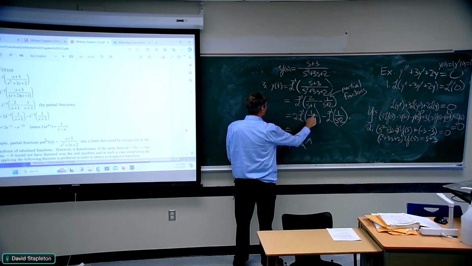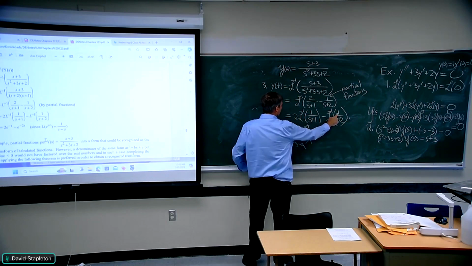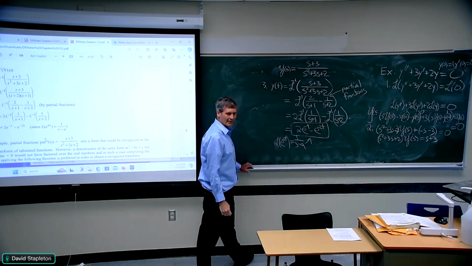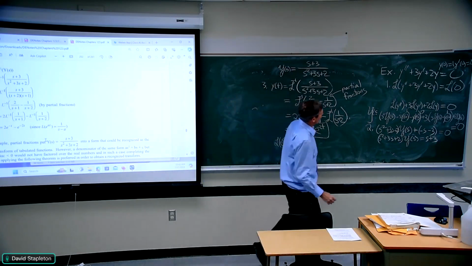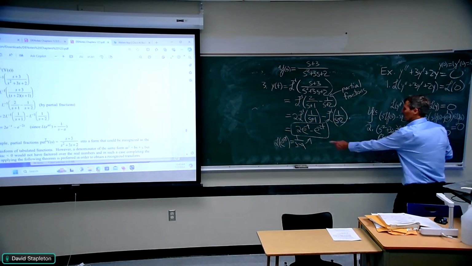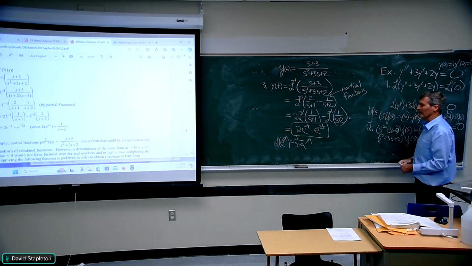This is 1 over s minus a with a negative 1, so it's the transform of e to the negative t. This is 1 over s minus a with a negative 2, so it's the transform of e to the negative 2t. There it is. That's the solution of the initial value problem. If you had used the characteristic equation, r squared plus 3r plus 2 equals 0, you would have gotten r equals negative 1 and negative 2. Plug in the initial conditions, and you get C1 and C2 are 2 and negative 1.